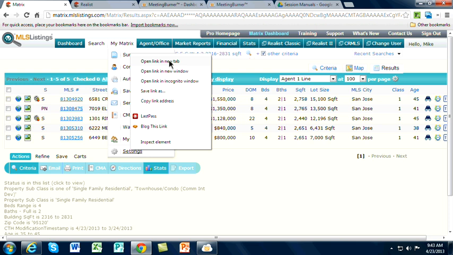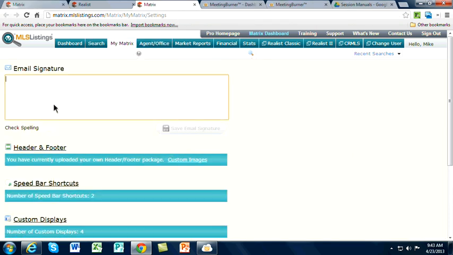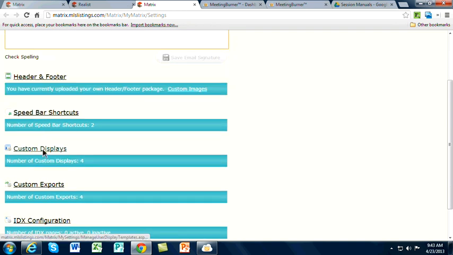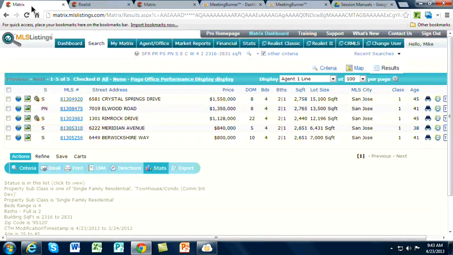If you want custom displays, go to My Matrix and then Settings. There you can put in your email signature, modify your header and footer, and custom displays means you can pick other ways of displaying the information. But we're not going to worry about that right now.